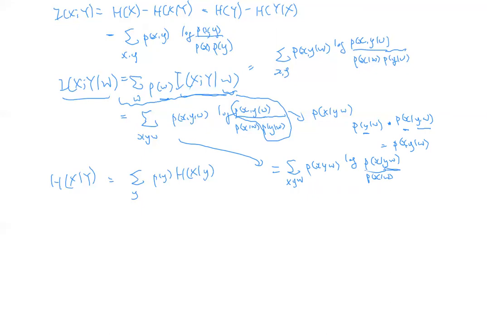Then I can write it as minus the sum over x, y, w of p(x,y,w) log p(x given w), plus the sum over x, y, w of p(x,y,w) log p(x given y,w).